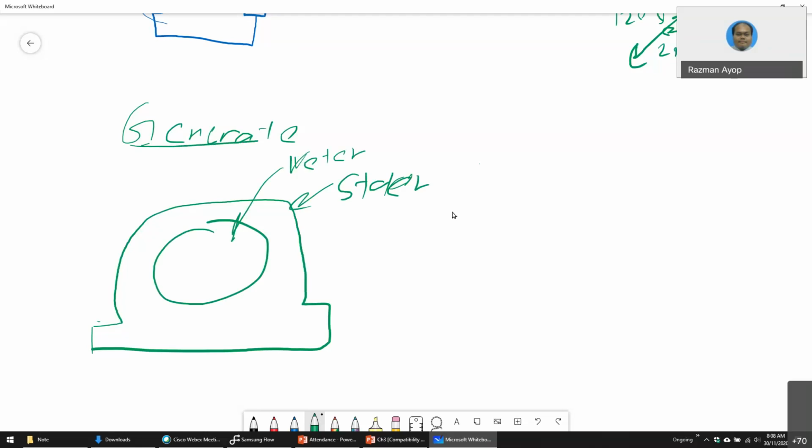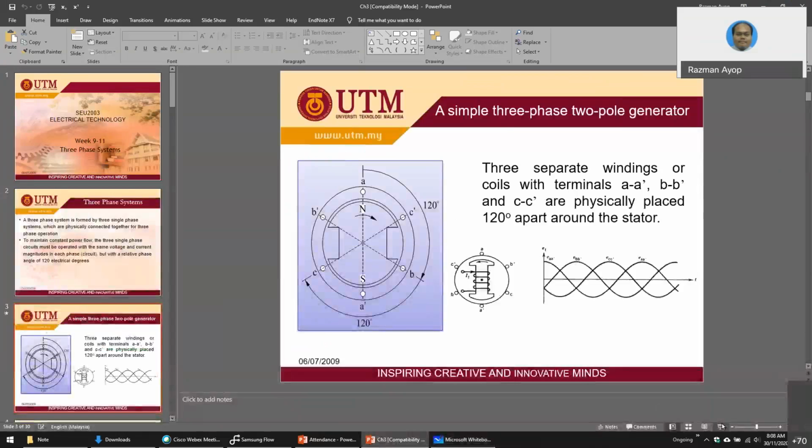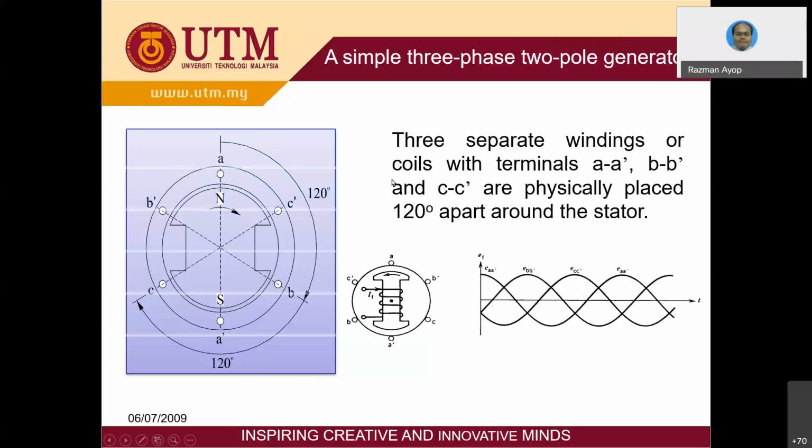At the stator, on the outer side of the generator, you place the wires. This is the wire for A, goes in, goes out. This one is a wire for another phase, the negative 120, and this one is another wire. That is how you get 120 degrees apart from each other.